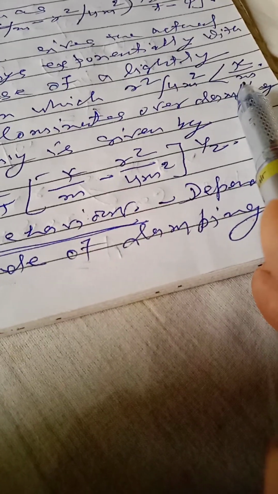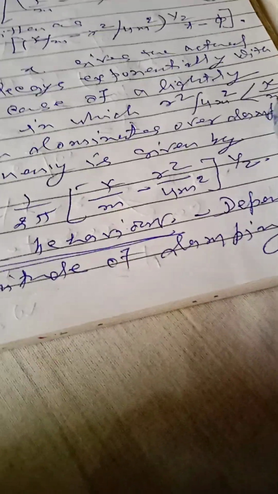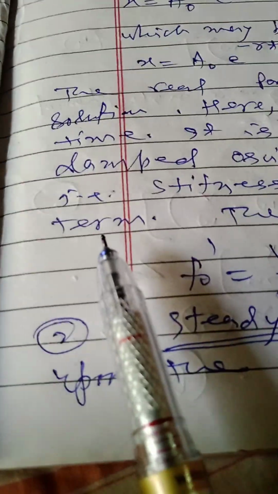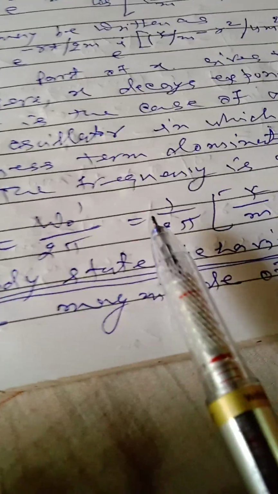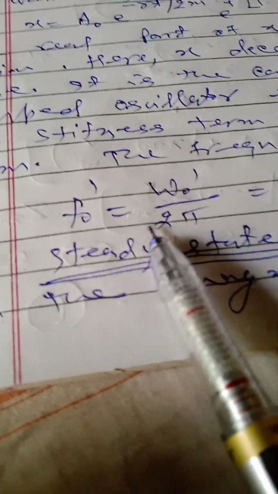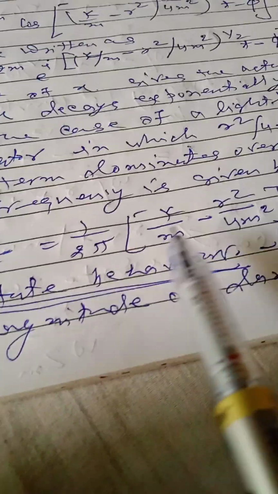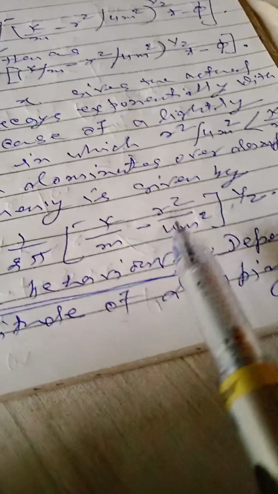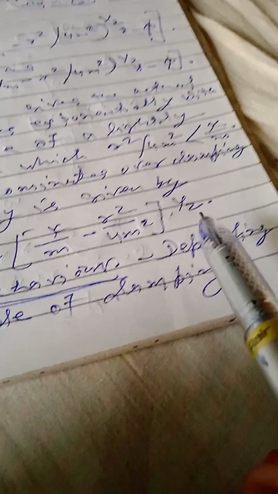We have already discussed in the previous case that the stiffness term dominates over the damping term. The frequency is given by f dash is equal to omega dash divided by 2 pi, that is 1 by 2 pi into k by m minus r square by 4m square to the power half.